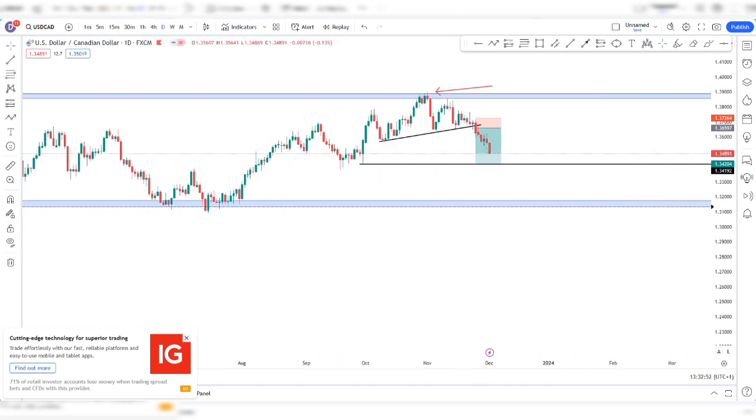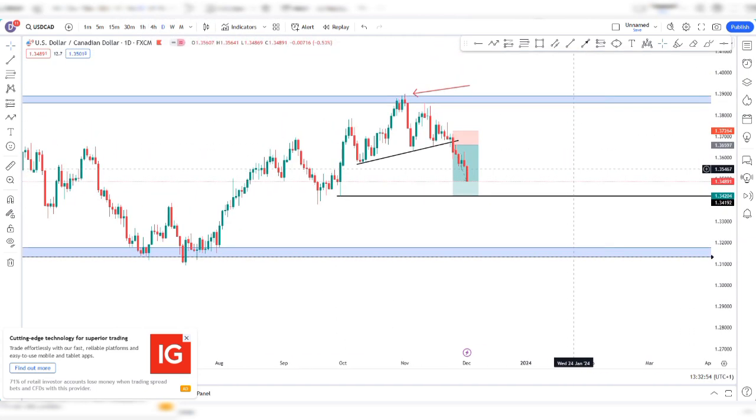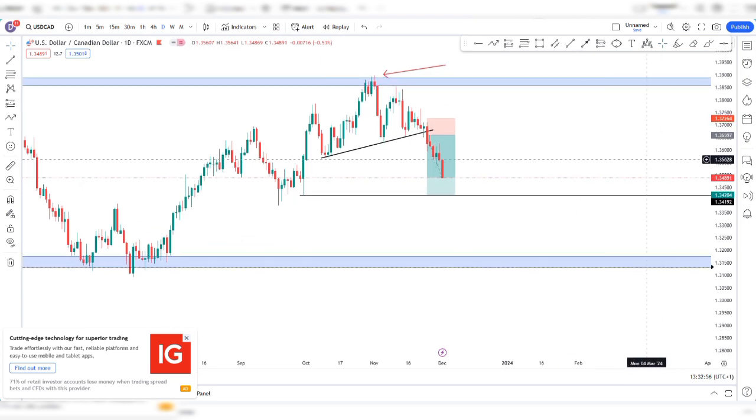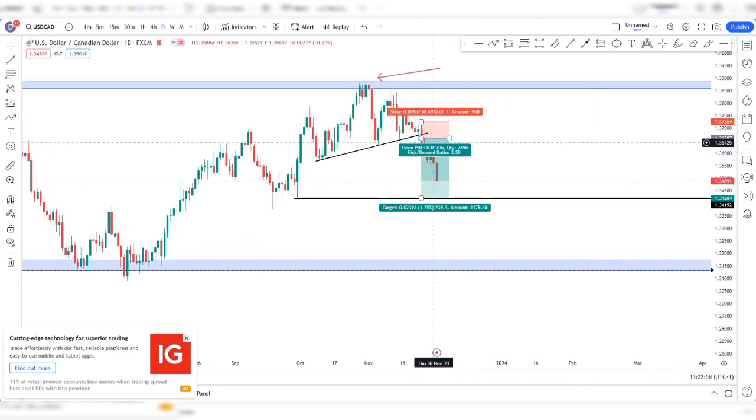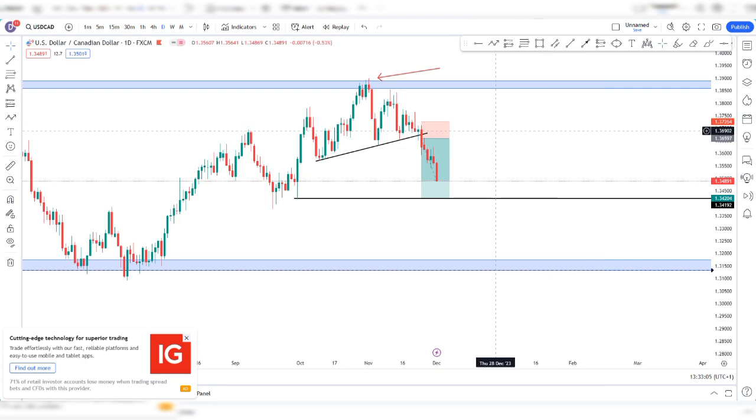Going down into the daily time frame, we can see that I already took this trade sometime last week, and the reason for this trade I will tell you is the formation of the head and shoulder pattern.